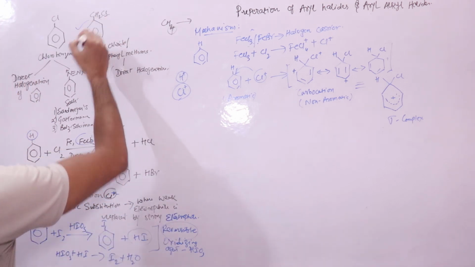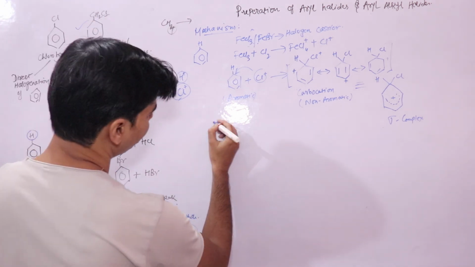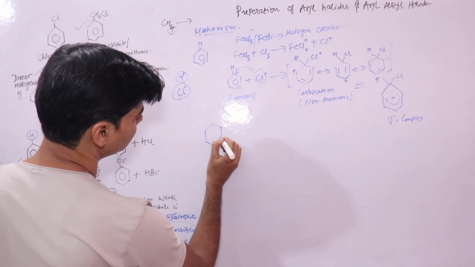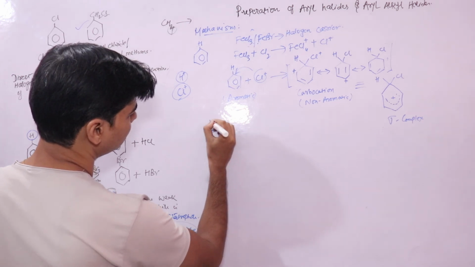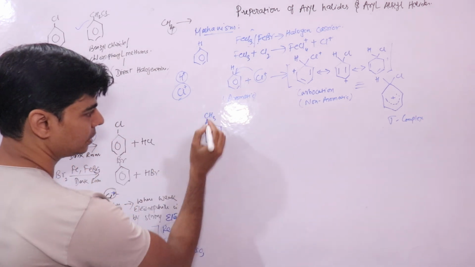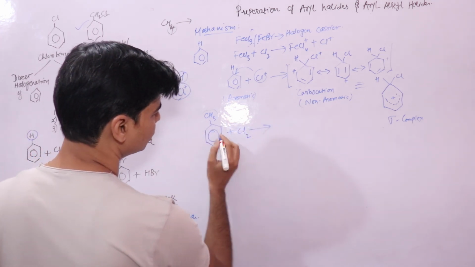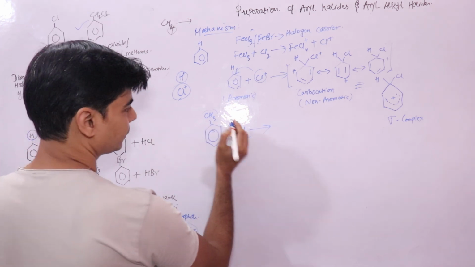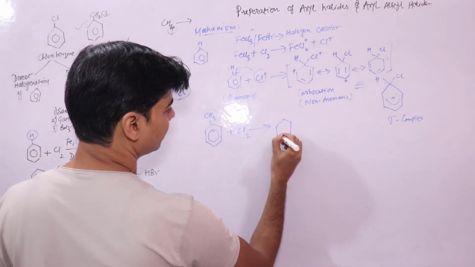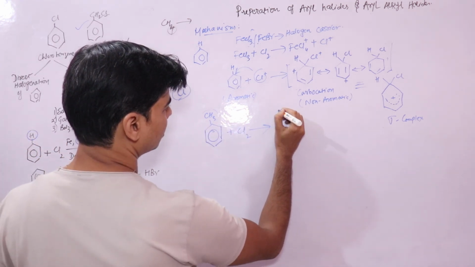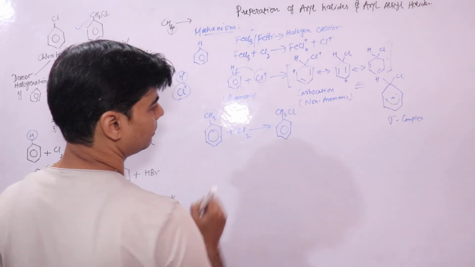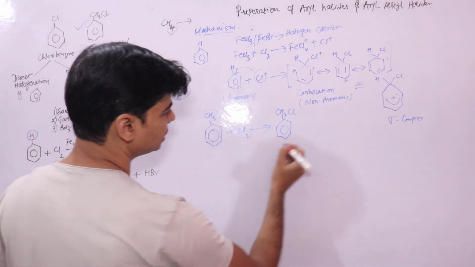So suppose you need to prepare this compound, benzyl chloride, right? What you will do is take this compound, toluene, right? This is the side chain, so substitution will occur here at the side chain, giving CH2Cl. This is known as side chain halogenation.